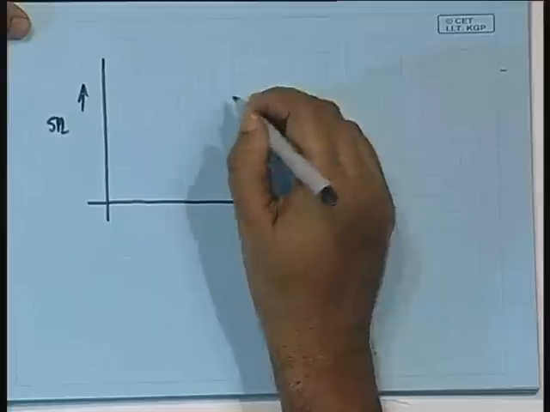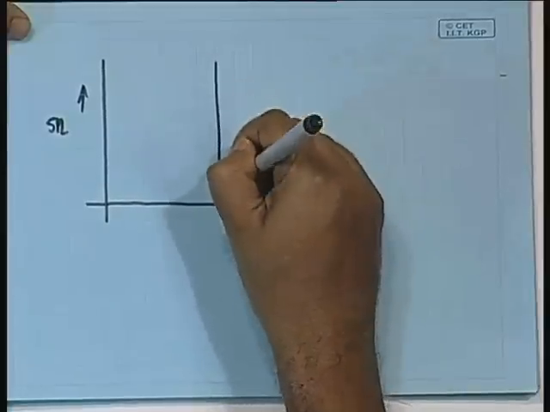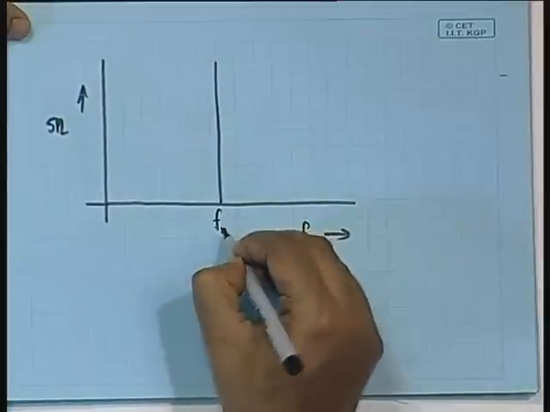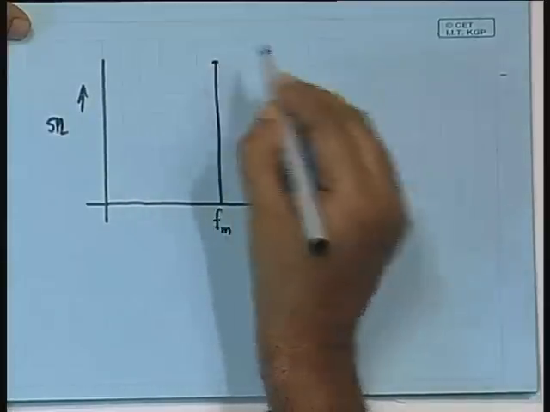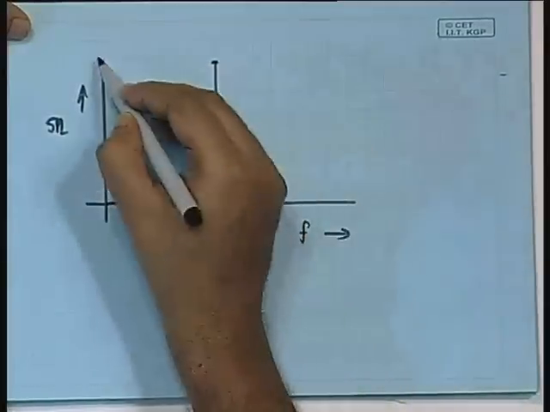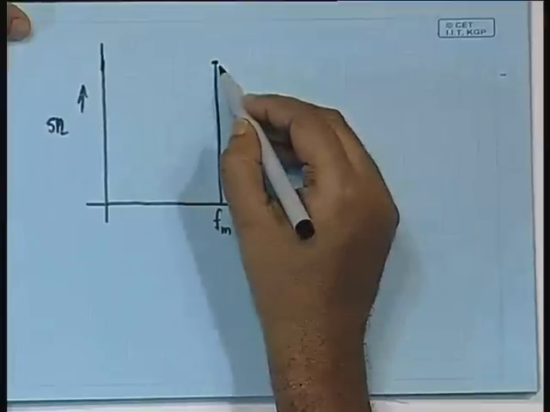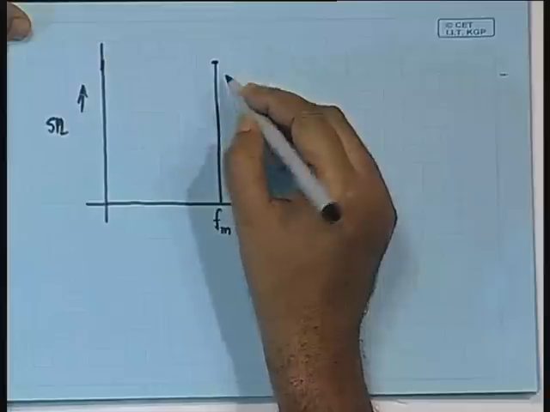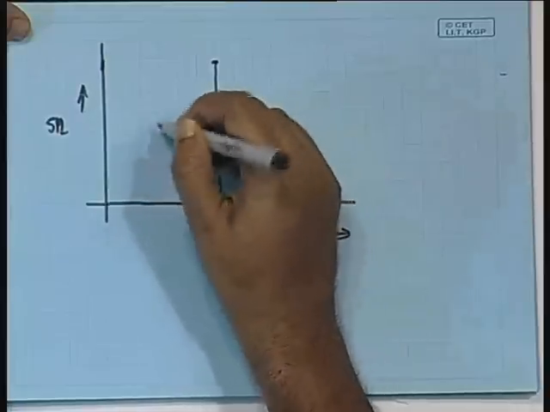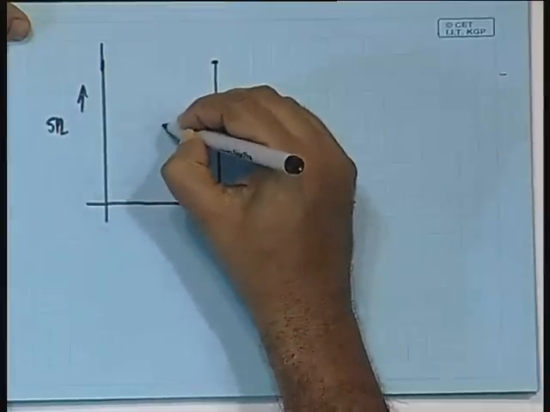We are just redrawing the diagram, and supposing the masking is happening at a particular frequency Fm, and supposing this is the intensity of the masker signal. The masker is having this much intensity, then the masking threshold is seen to be like this.